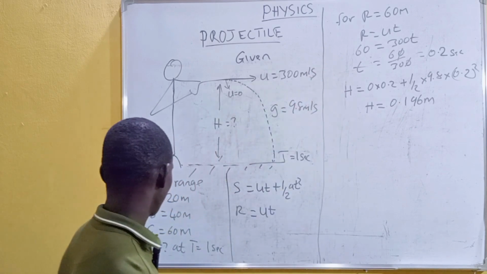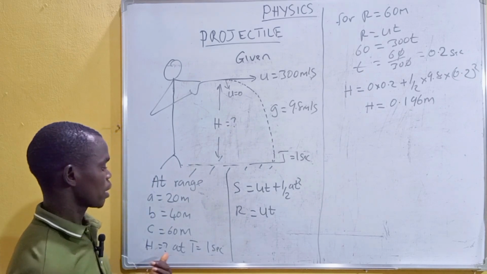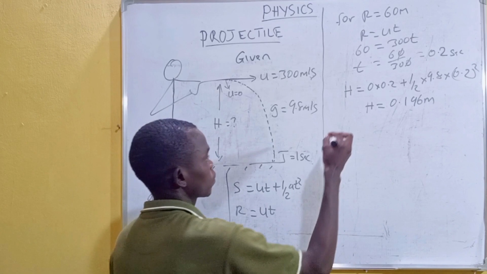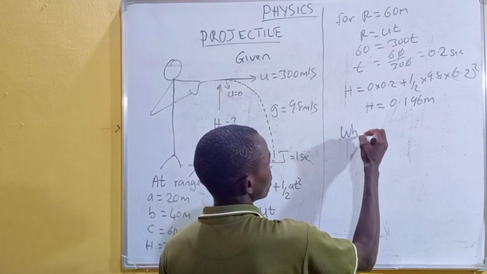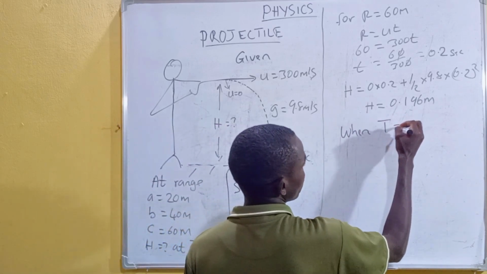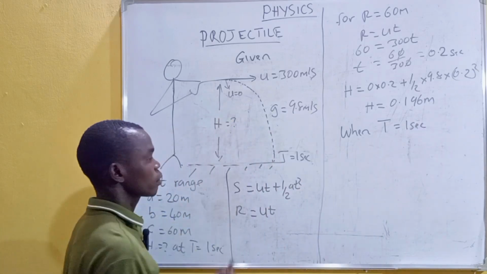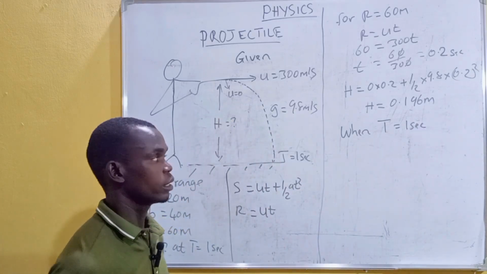So let's calculate the height at time equals 1 second. When time is equal to 1 second, with this, we can calculate our height.